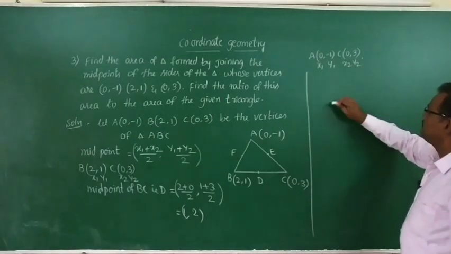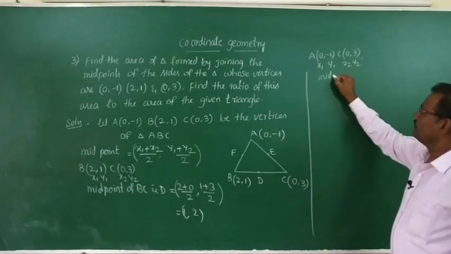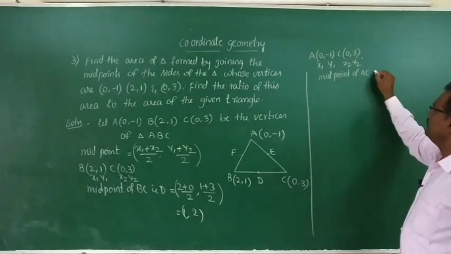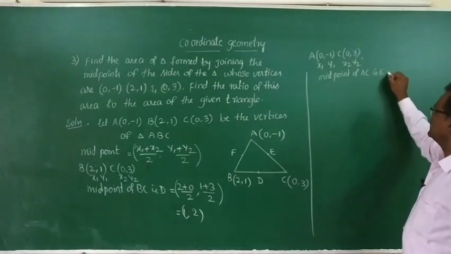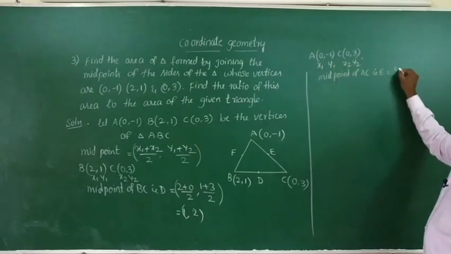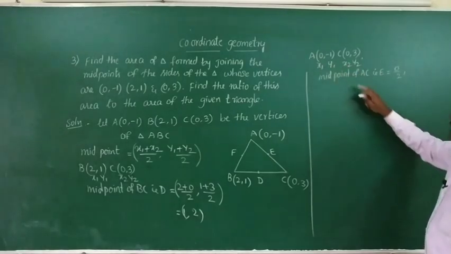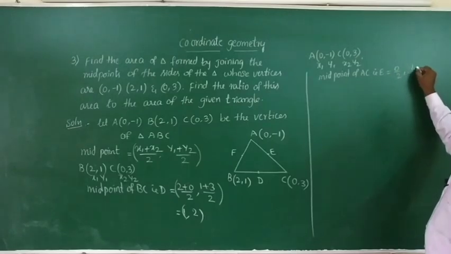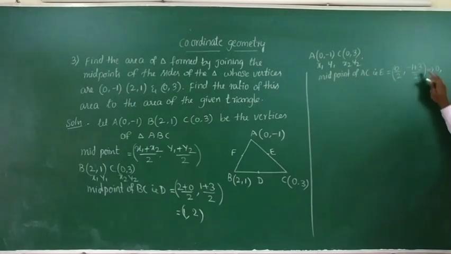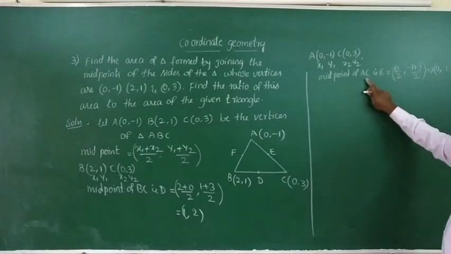The midpoint of AC, that is E, according to the formula, is (0 plus 0) by 2 comma (minus 1 plus 3) by 2. That is 0 by 2, which is 0, since 0 divided by anything is 0, and 3 minus 1 is 2, 2 by 2 is 1. So this is the midpoint of AC.